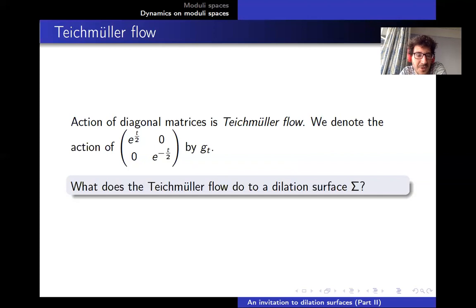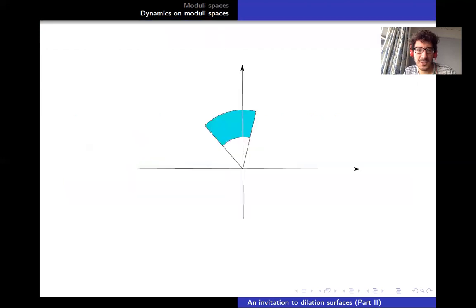This Teichmüller flow is the important tool that makes the link between the dynamics of foliations on individual surfaces and moduli spaces, and that's why it's very important. So for a second, I suggest we try and understand what this Teichmüller flow does to a surface, and more specifically, we're going to first have a look at what it does to a cylinder.